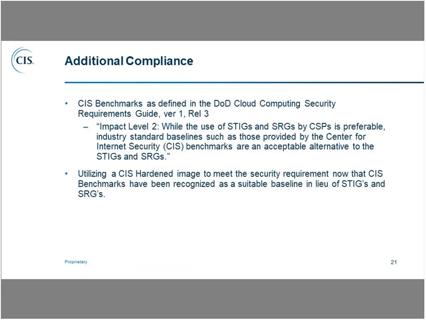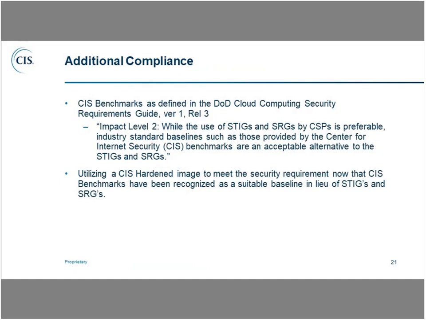This slide shares some additional compliance that our benchmarks and hardened images can provide. As it states here, cloud security information impact levels are defined by the combination of the level of information to be stored and processed in the CSP, the cloud service provider environment, and the potential impact of an event that results in the loss of confidentiality, integrity, or availability of the data, systems, or networks.